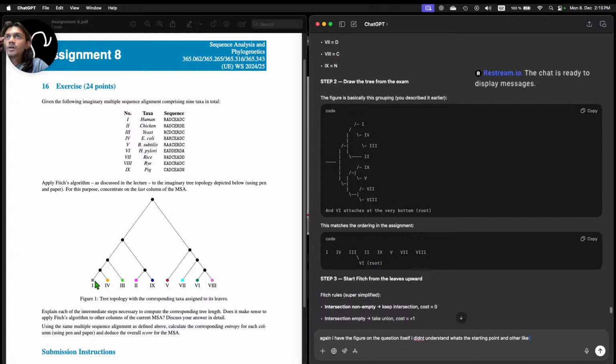So they both are C. And 3? 3 is also C. Uh-huh. 1, 4, and 3, all these are C. Then why is 3 diverged from the common node of 1 and 4?